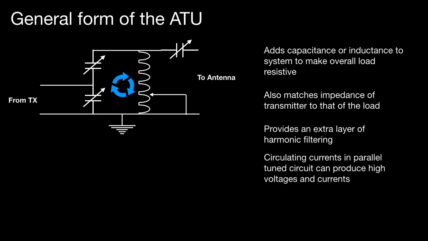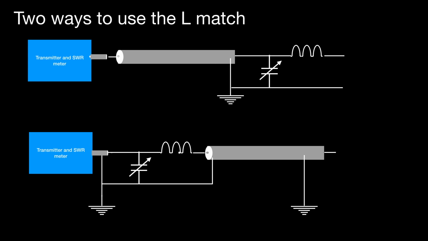So let's have a look at one more specific form, the L match, so called because the capacitor and inductor form a sort of L shape. So there is the general configuration of the L match.